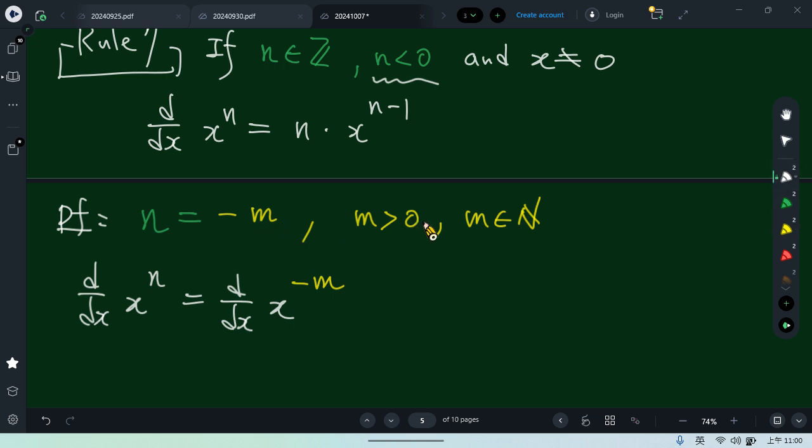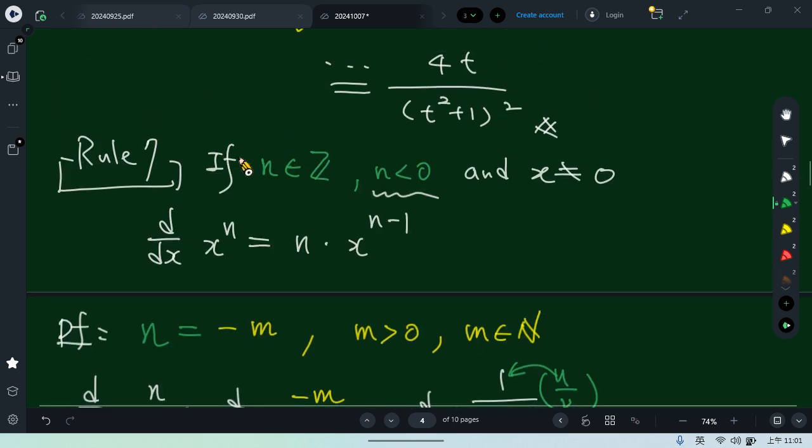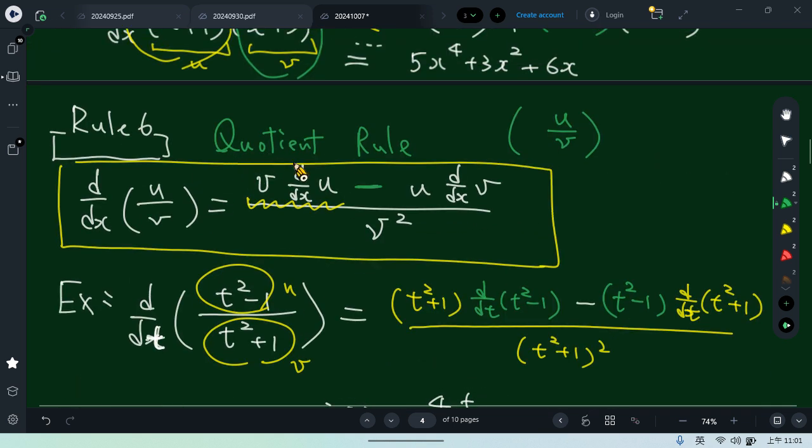So we can continue to get 1 over x to the power m, right? With this form, we can see it will be the u over v form, right? With this, v is this one, u is this one, so we can just apply rule number 6 to get a result.